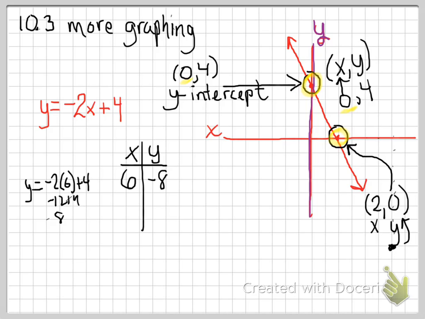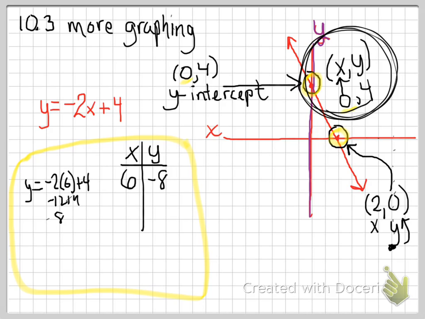But when you're looking maybe at a table, let's take a look at a table for a second. How would you find it if you didn't have the graph? So now the graph disappears, and now all you have is a table. Well, think about what we just learned on the graph. Think about this point right here for a second. When it hits the y-intercept, we said the x was always 0.